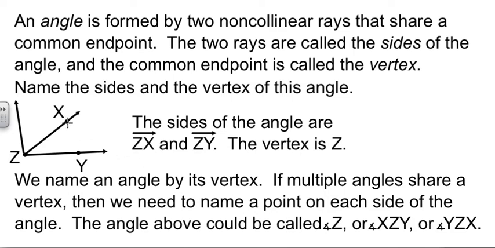So you have to name points on each side. So this would be angle XZY or angle YZX. When you have to name it with three letters, you name the vertex in the middle. We'll get that ray out of there because we don't need it.